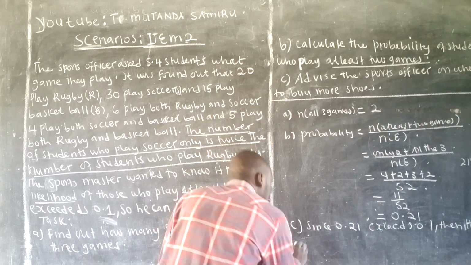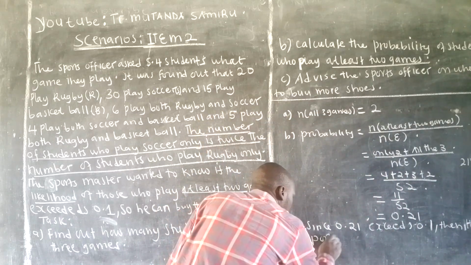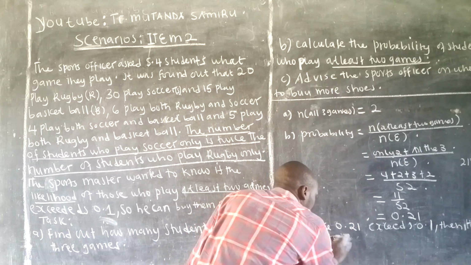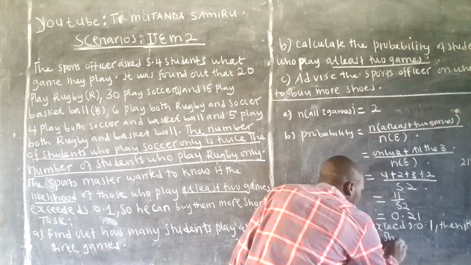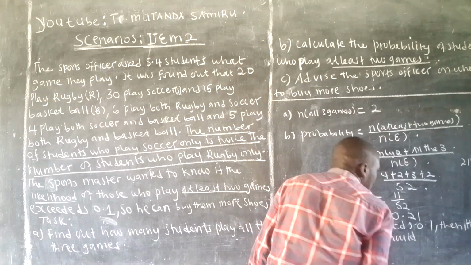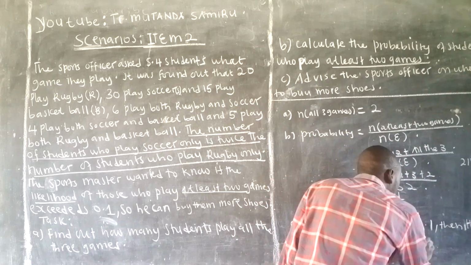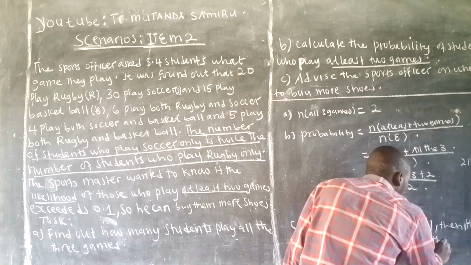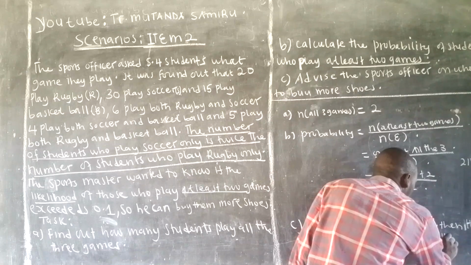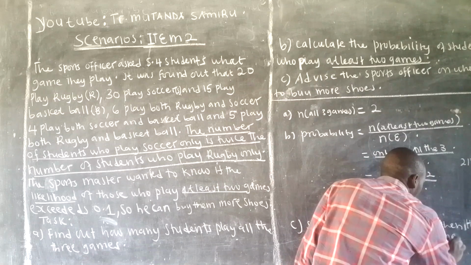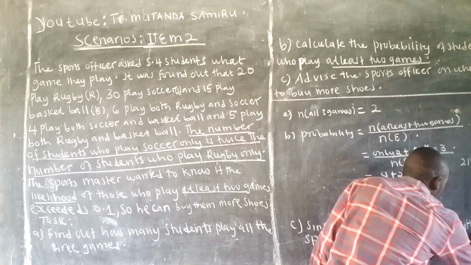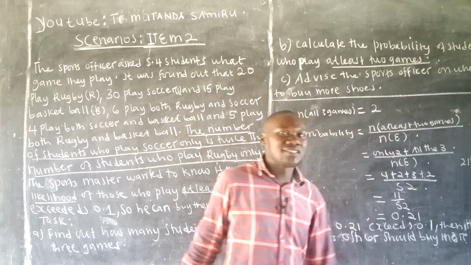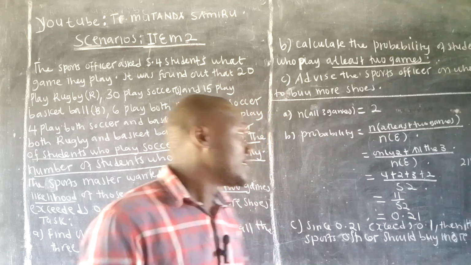Then the sports officer should buy them more shoes. Should, don't say must. Should buy. Must is commanding language. Should buy more shoes. As simple as that. And those are 20 scores.